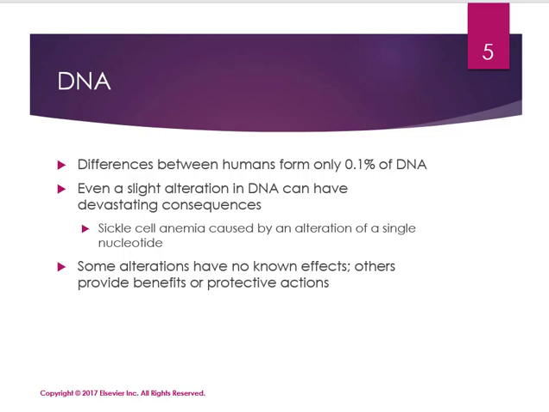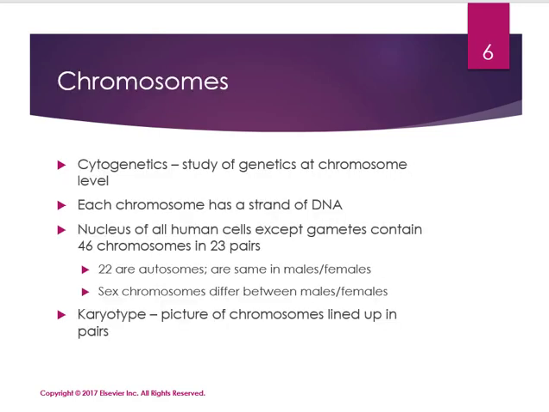With chromosomes, let's go to the next one. So cytogenetics is the study of genetics at the chromosomal level, and each chromosome has a strand of DNA. We know that the nucleus of all human cells, except for gametes, contain 46 chromosomes in 23 pairs.